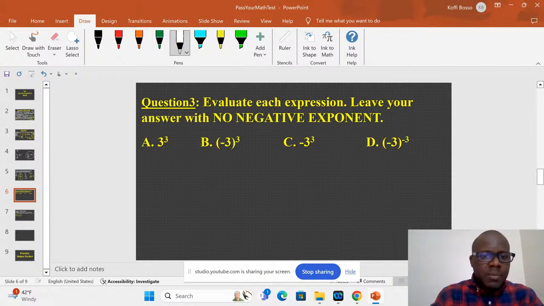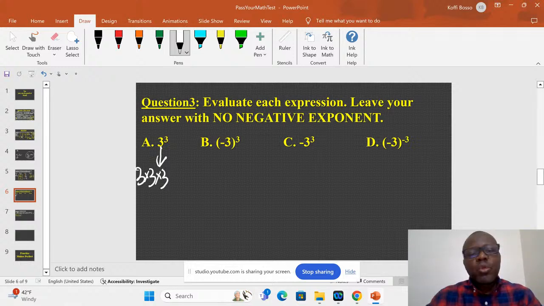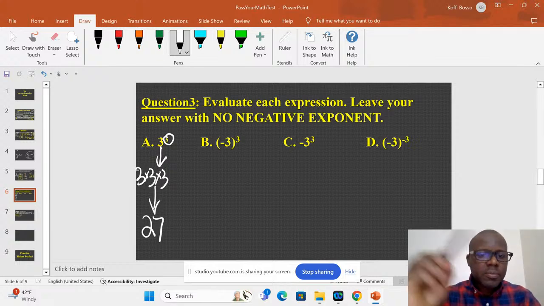Understand that in this case, we take a 3, multiply by 3, and multiply again by 3. We multiply 3 by itself and repeat this 3 times, because the exponent is 3. 3 multiplied by 3 is 9, and 9 multiplied by 3 is 27. So the answer here is 27. So far, so good.